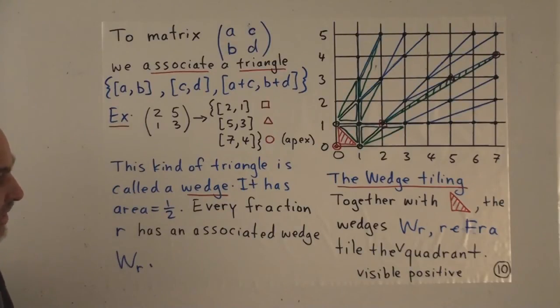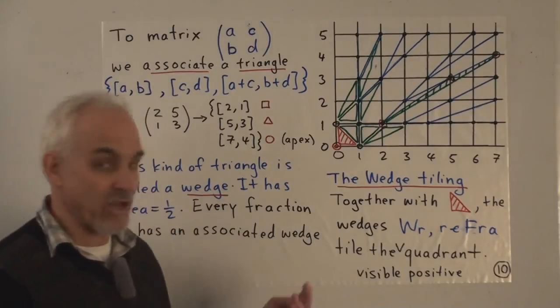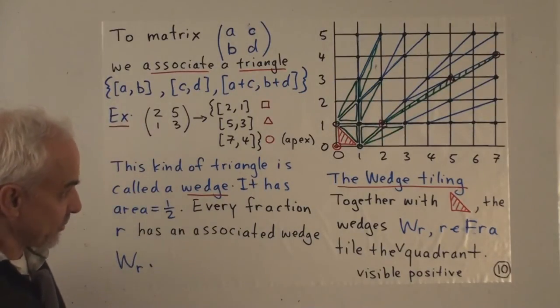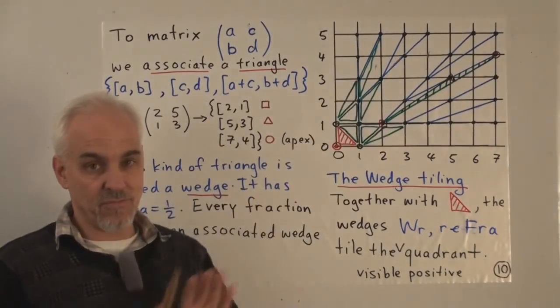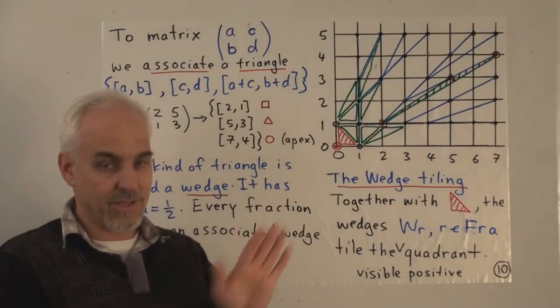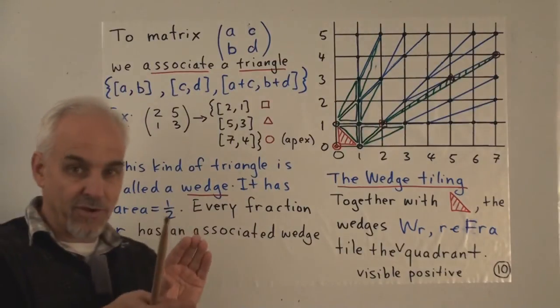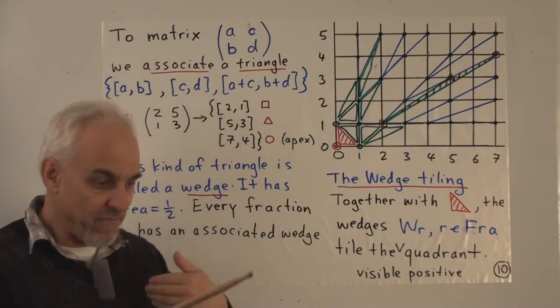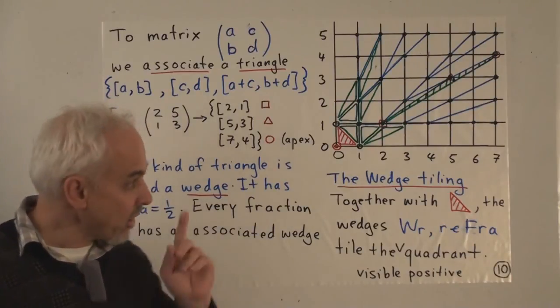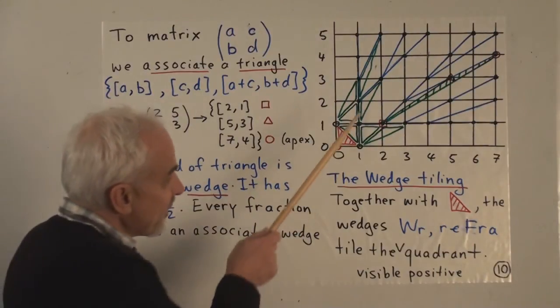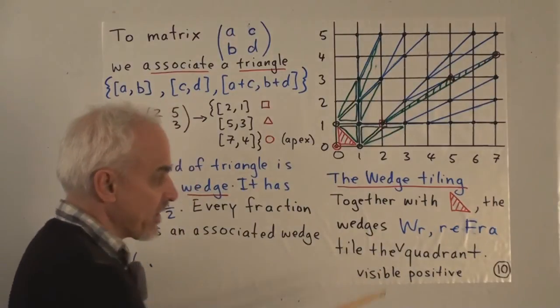And so we get lots of wedges. What's interesting is that we end up getting a tiling of this quadrant. The wedges fit together like a jigsaw puzzle to fill out pretty well all of the quadrant. Not quite all of the quadrant, because the non-visible points are not included.